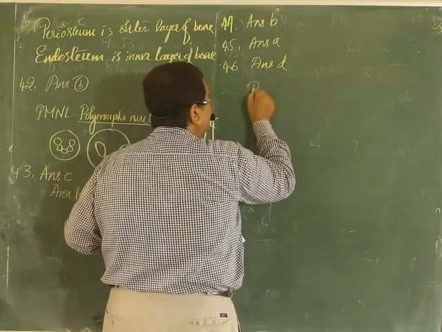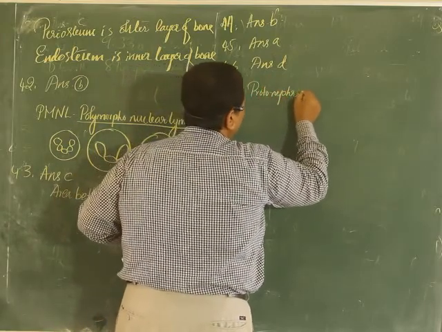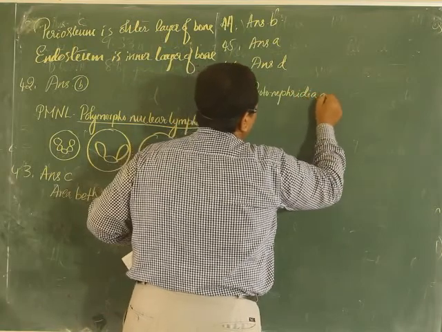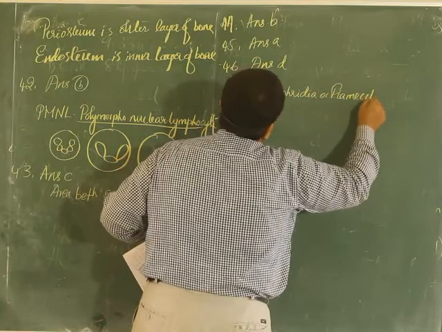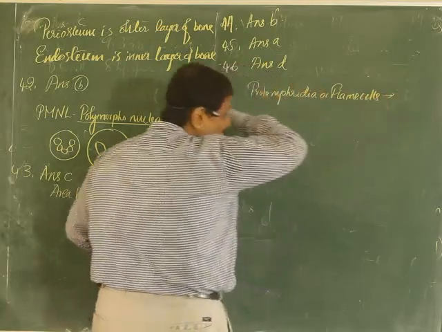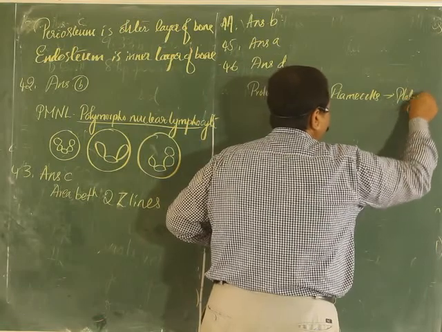Protonephridia are also called flame cells. Flame cells are found in platyhelminthes.